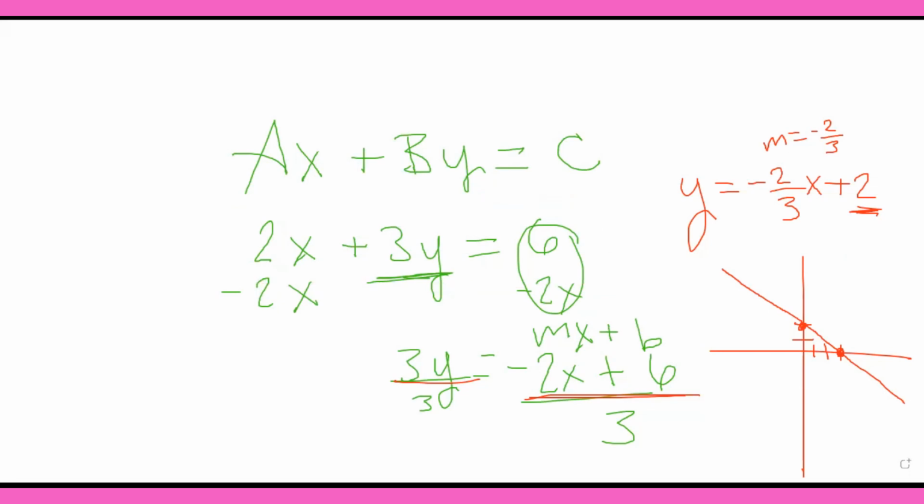And now oftentimes we would have to go the other way. So the only tricky thing about standard form is, let's say we were given mx plus b, or slope-intercept. Let's say we have 3x plus 7. And we were asked to put this in standard form. So the only thing is I have to have all my x's and y's on the same side.